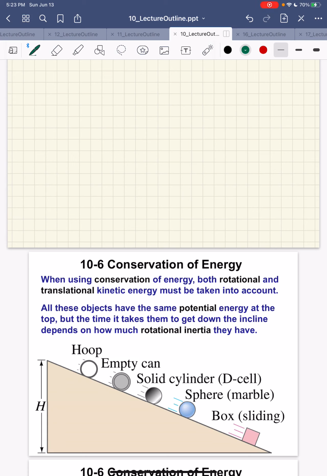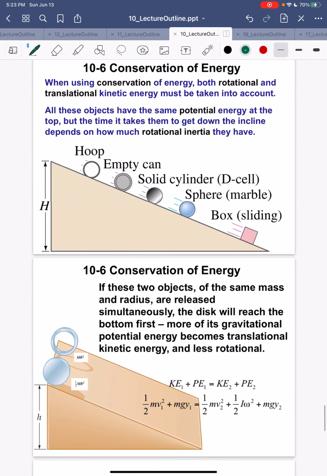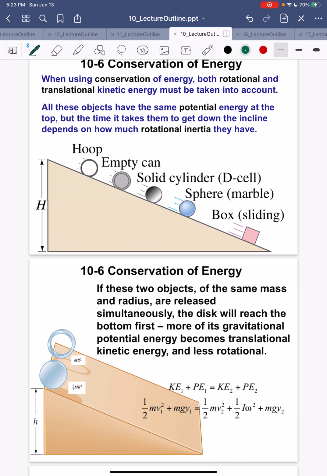Okay, it depends on how much rotational inertia we're gonna have in these, because initially all of them are gonna have that amount of gravitational potential energy, whether they roll down an incline like this or slide. If I have a hoop and a cylinder, with the same mass and radius, and they are released simultaneously, the disk will reach the bottom first.